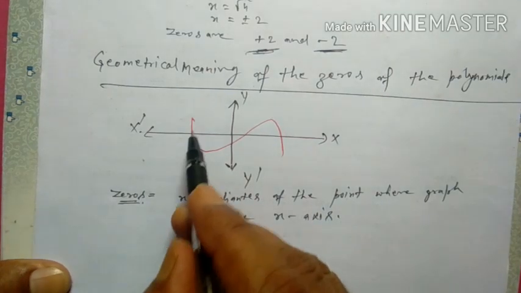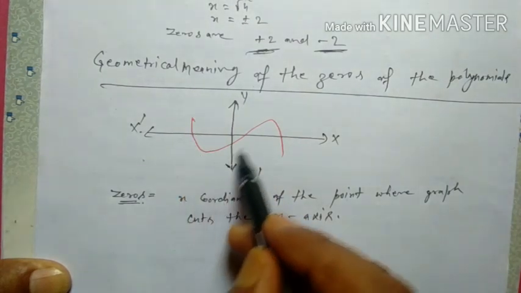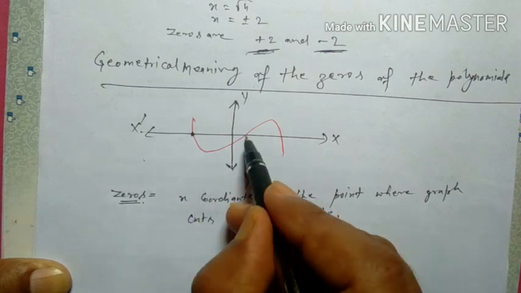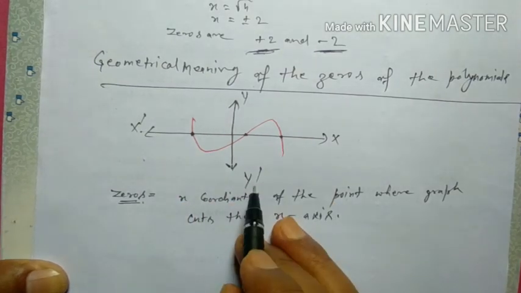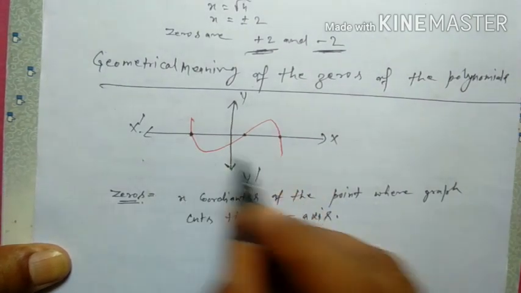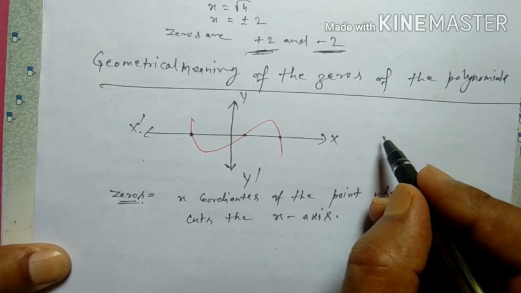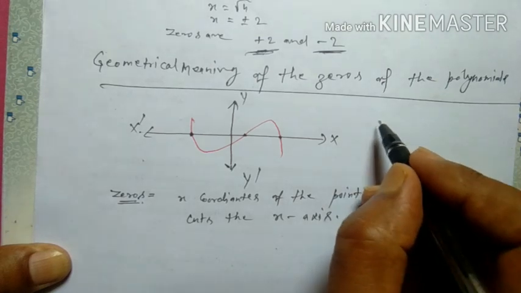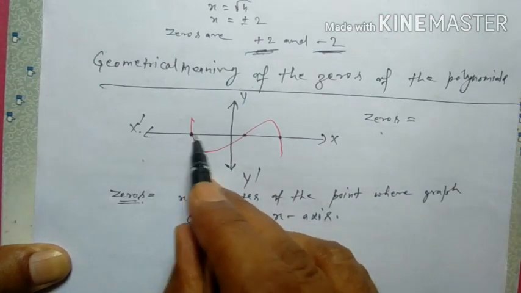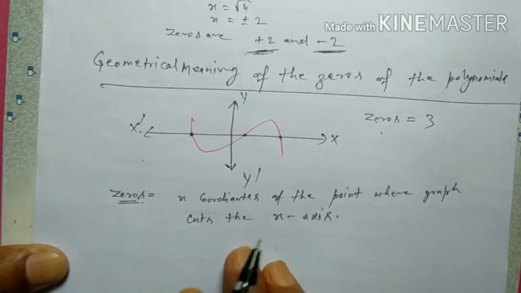Here this is the graph of polynomial p(x). This cuts the x-axis at 1, 2 and 3 points. So the zeros of this polynomial will be 3. Its zeros equal 1, 2, 3 because it cuts the x-axis at 3 points.